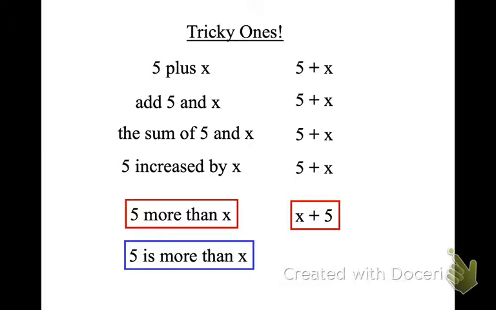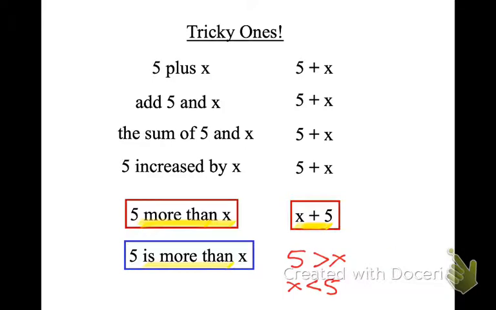So notice the difference, guys. Look very close. Here, when it just says more than, it means plus. When it says is more than, that means 5 greater than x. Or you could write it x is less than 5, right? Just flip it around.